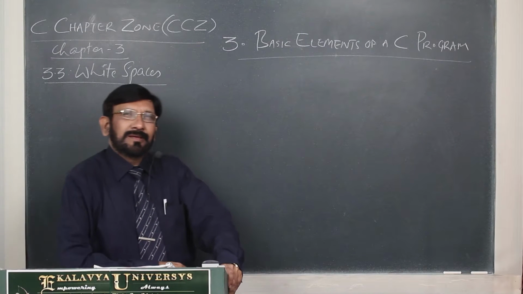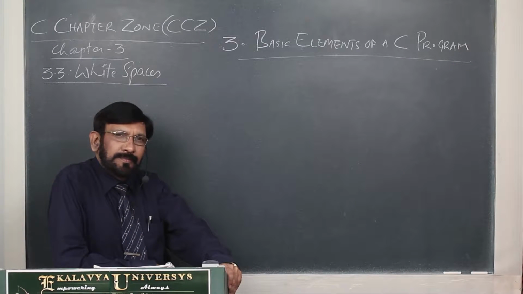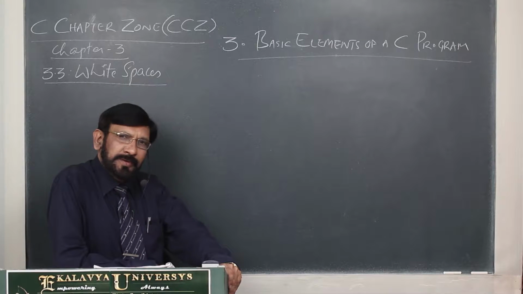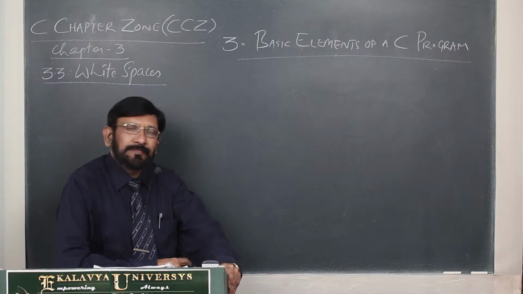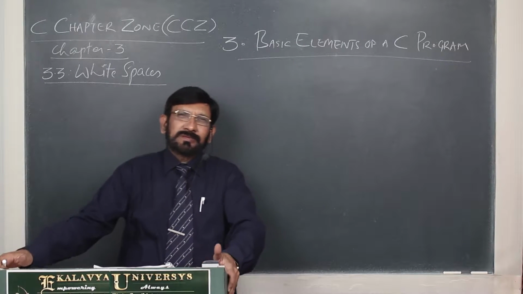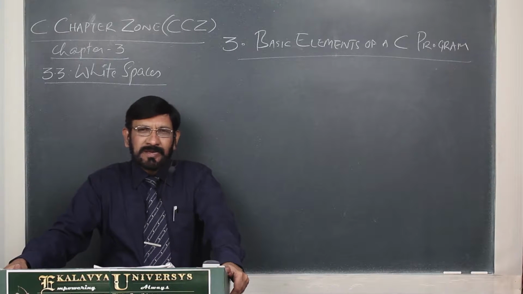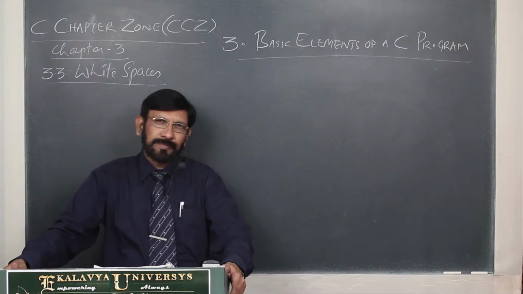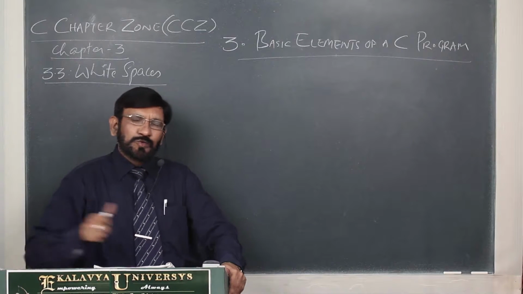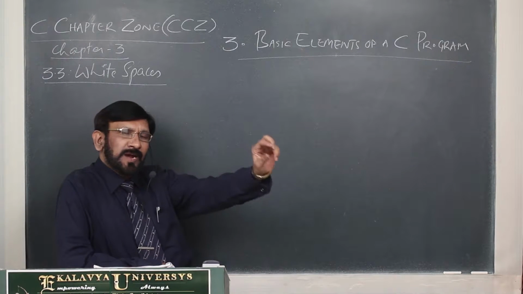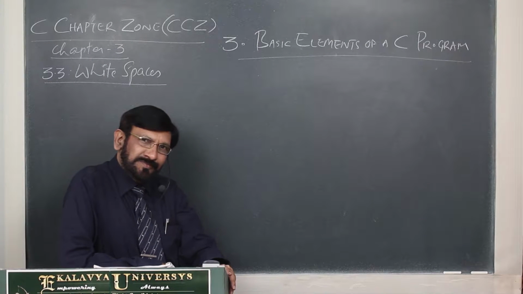Hello friends. Now let us take up the concept number 3.3, white spaces. This is the second category of basic elements of a C program. You should not limit white spaces to blank spaces.